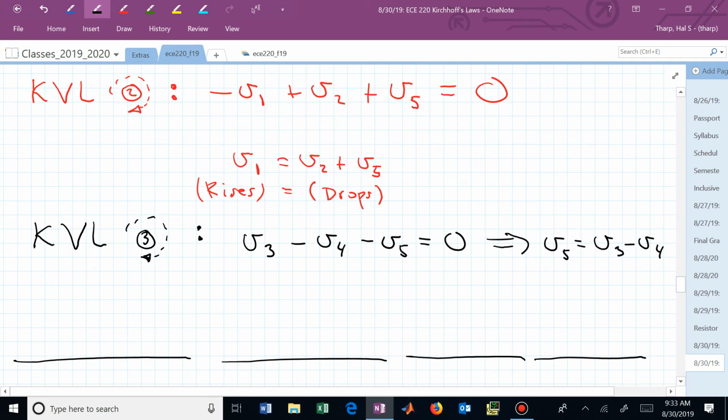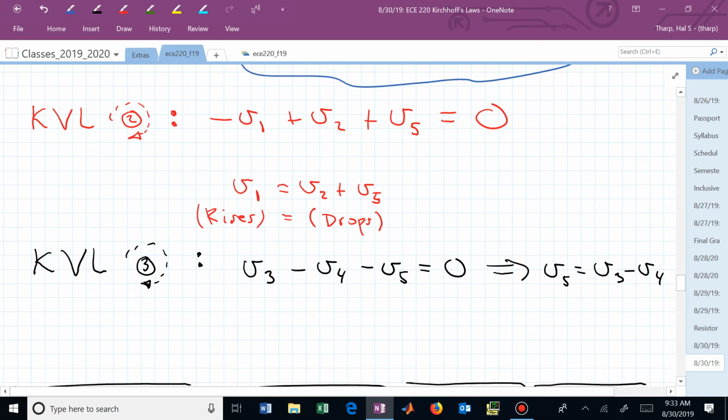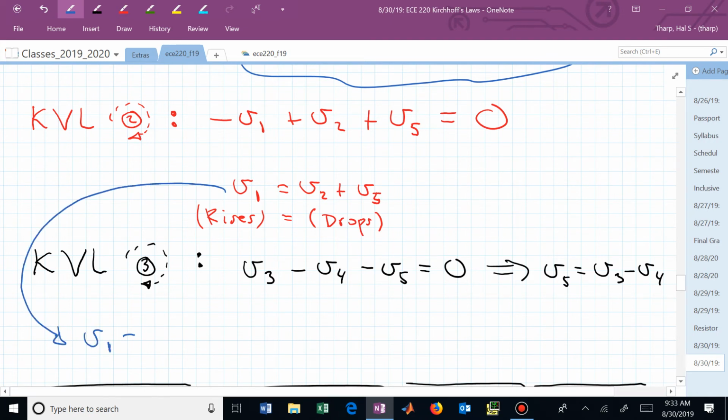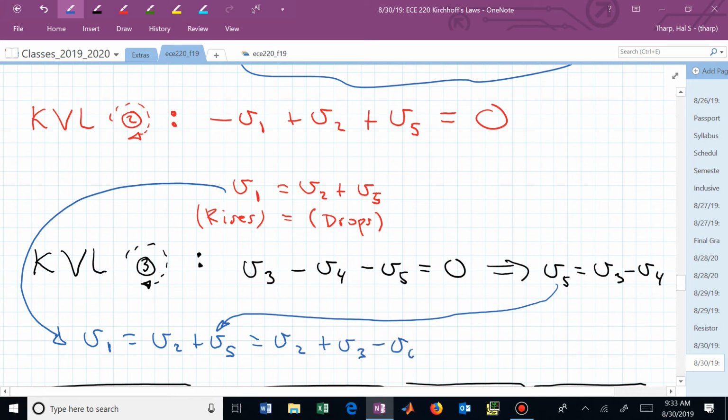And suppose we said, well, let's just eliminate V5 from these last two equations that we've written. So let's take this equation, V1, which is V2 plus V5, and let's get rid of V5. And what have we ended up with?